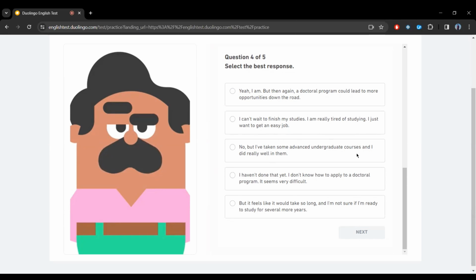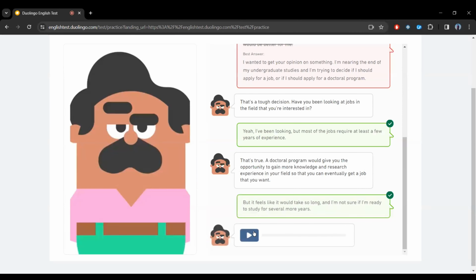It feels like it takes so long and I'm not certain. It definitely takes a lot of time and commitment, but it can be very rewarding. If you're not sure if an advanced degree is for you, why don't you try working in your field for a few years and then decide whether or not to pursue a doctorate later on?